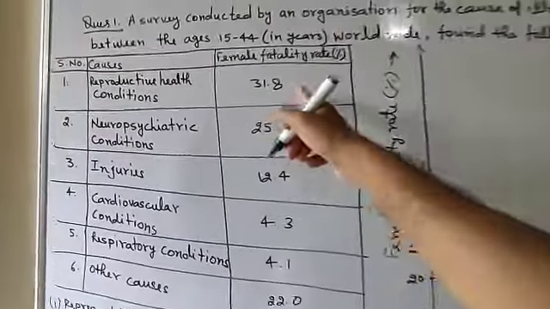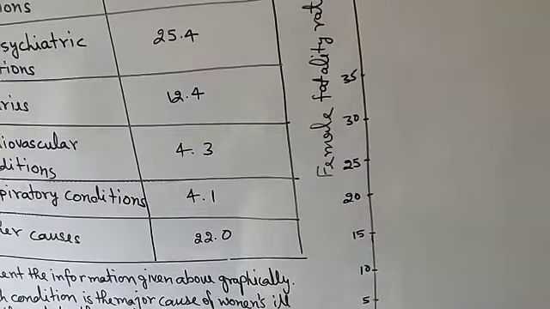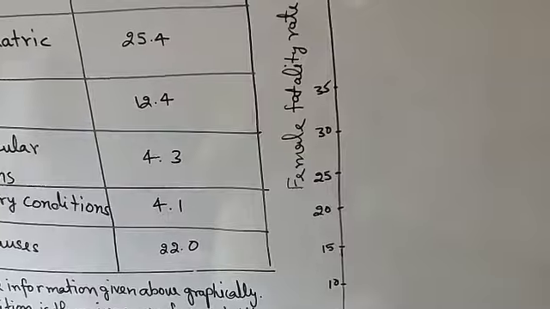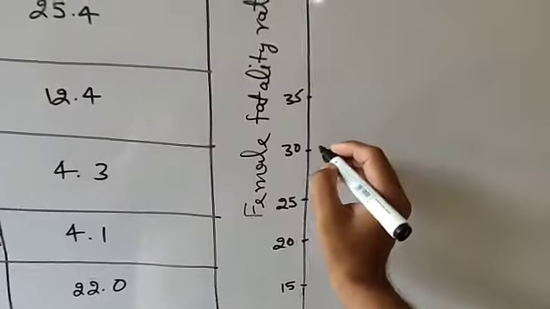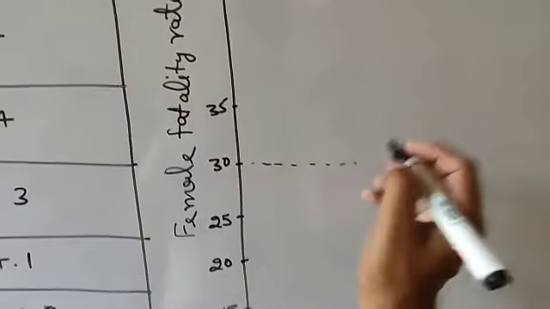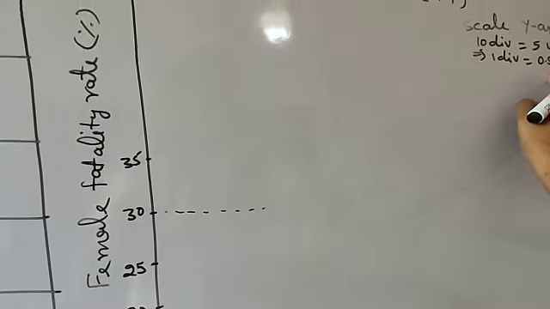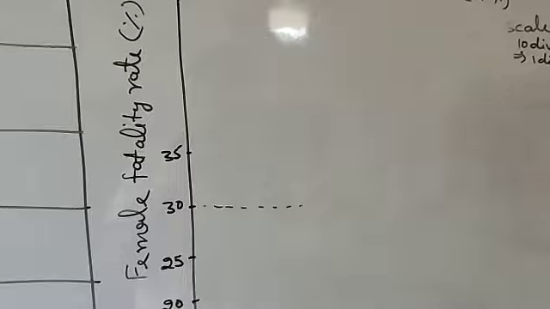Now the first one is 31.8. So you need to leave a space. I had explained that in the bar graph. Equal gap is there. So you need to leave that space, and the first one is 31.8. So on the graph you will get it easily. Here it will be 31. Next, 1 division represents 0.5. It means 2 divisions will represent 1.